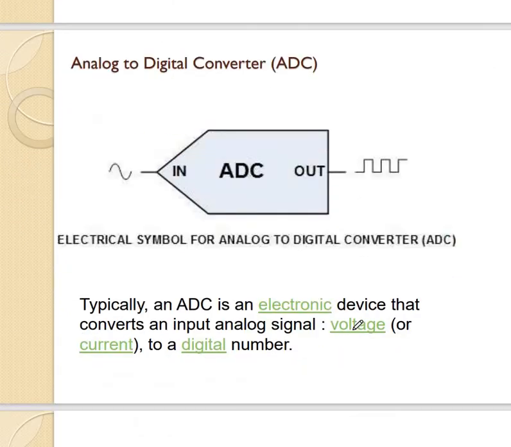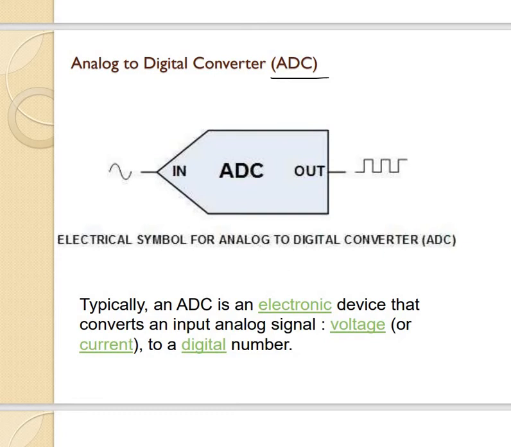Okay, now we move to the analog to digital converter. Like what I said before, all the controlling tasks are handled by the computer. So that's why we need to convert our analog signal to a digital signal by using this ADC.